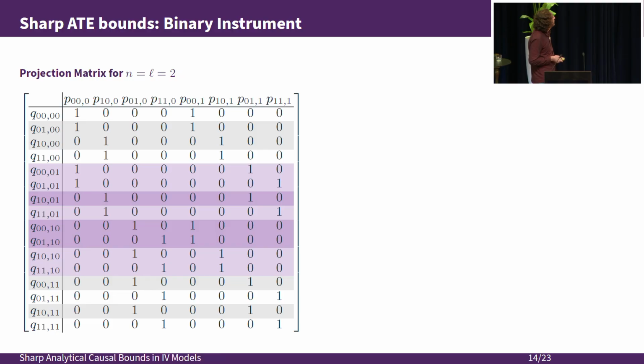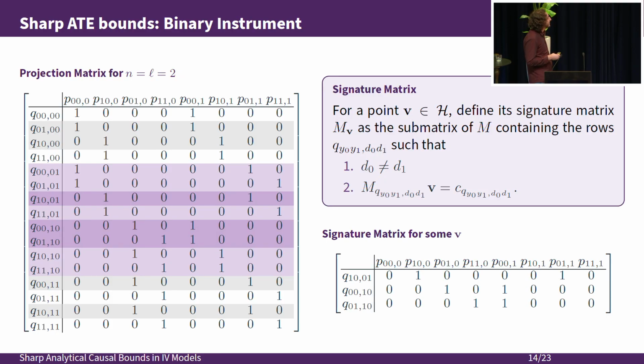For a point V in our polyhedron, a vertex, there should be some gray rows in my slides, but they're not visible here.